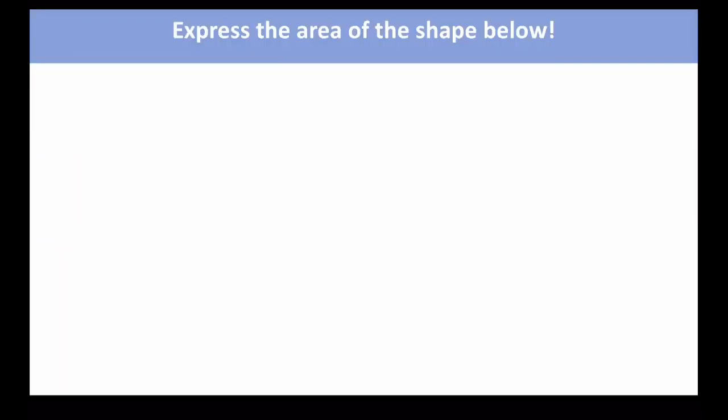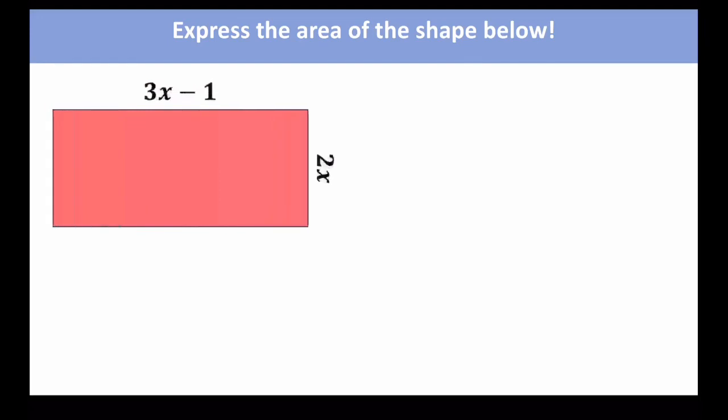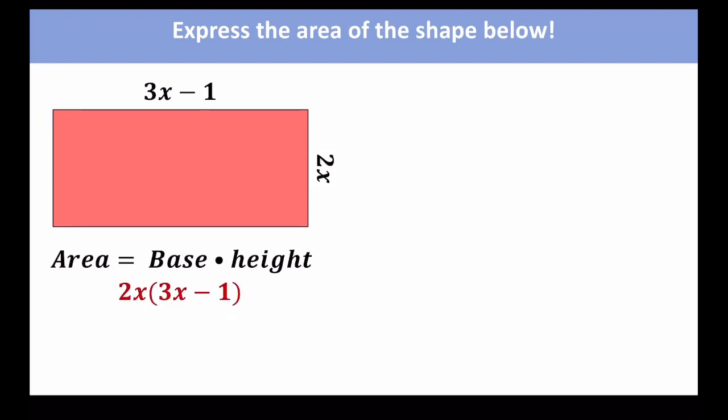So a classic question I'm going to give you is you're going to have an area to find. And you don't know what x is yet. So you need to find an expression to represent the area. So don't forget, area for a rectangle is base times height. So that's what we did.